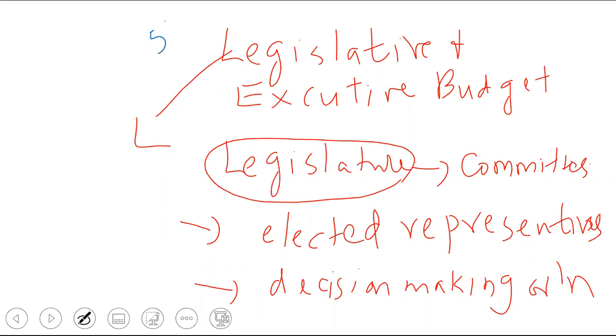Executive budget is prepared by the executive wing of the government.